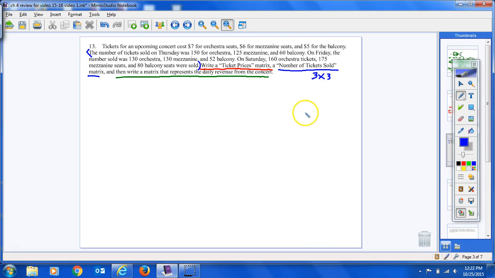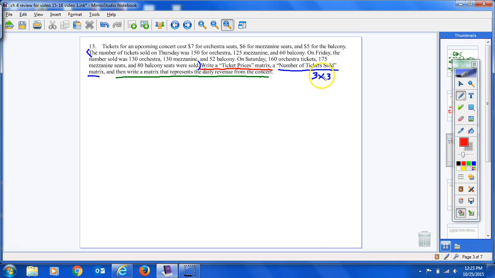So hopefully you can tell that this number of tickets sold matrix is going to be a 3 by 3. Okay, well, now let's back up for just a minute and think about, before we even start, this ticket prices matrix. We have prices for three different types of seats. So we're going to have prices as a row or a column, and then the different types of seats will be the other way.